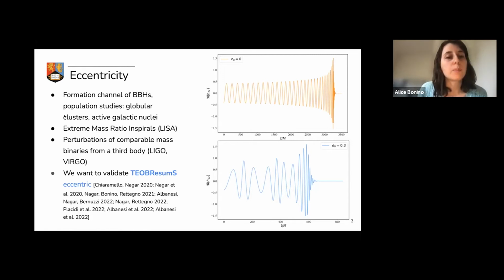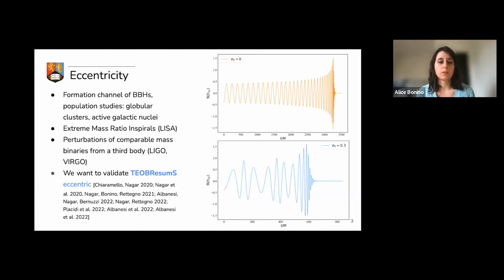In particular, population studies tell us that eccentricity is important to study the formation channel of binary black holes. For example, globular clusters and active galactic nuclei may be good candidates to host eccentric systems. We can also find effects of eccentricity in extreme mass ratio inspirals, and also when the two-body system is perturbed by a third body.